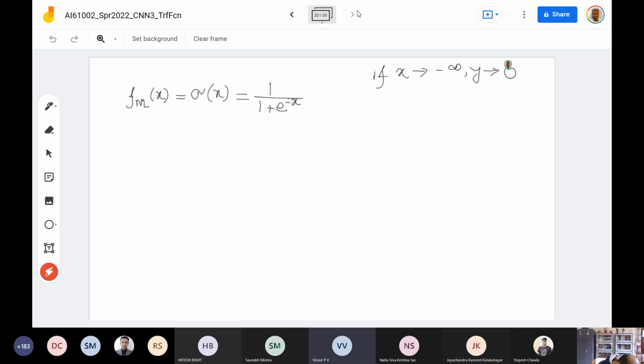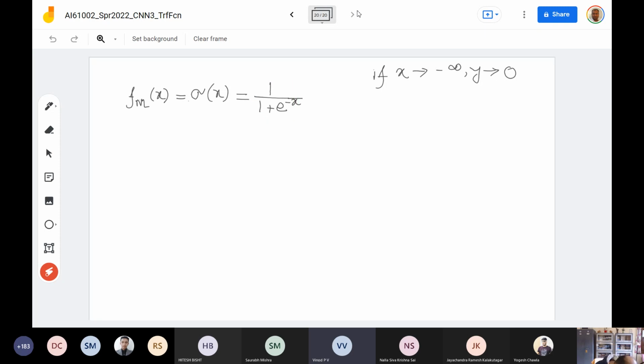How? As x tends to minus infinity, e power of minus x becomes e power of infinity. Now 1 plus e power of infinity is still e power of infinity, and any number raised to infinity is again a very high value. So this whole thing tends towards 0, 1 divided by a very high number.